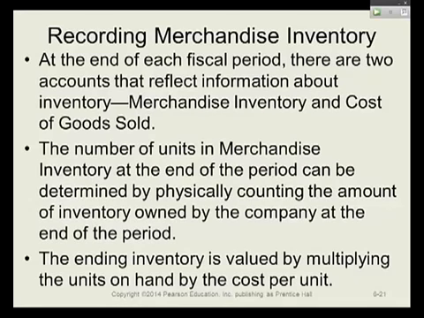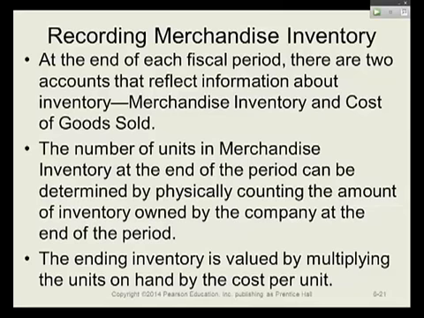You're going to find out that the ending inventory and the cost of goods sold are related. The inventory value that is used will affect the cost of goods sold, and the cost of goods sold you calculate will affect the inventory value. If you remember when we looked at this problem the first time, let me redraw it for you.